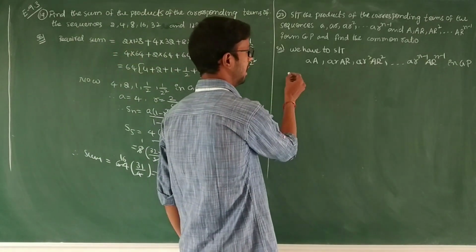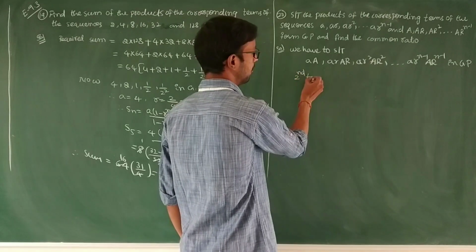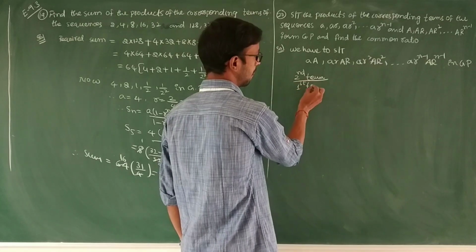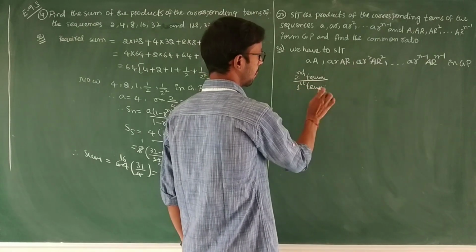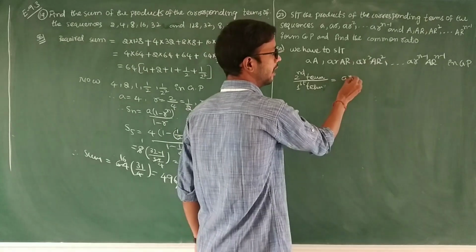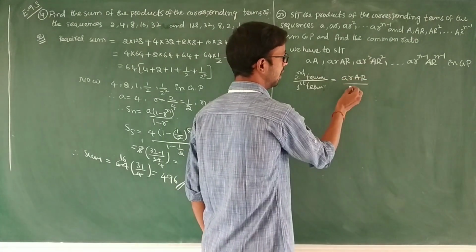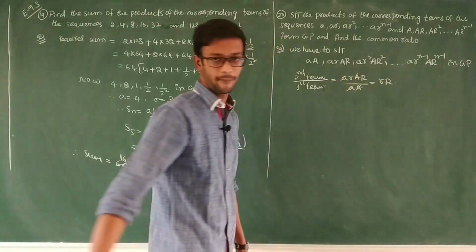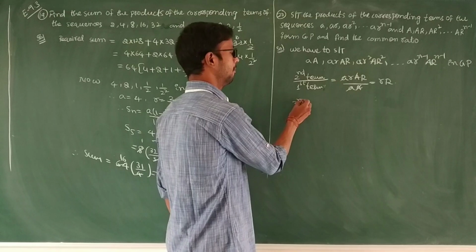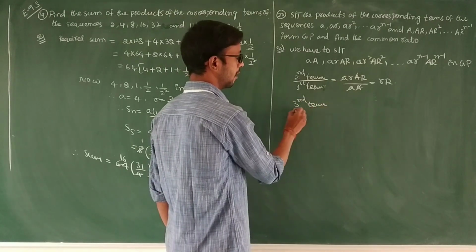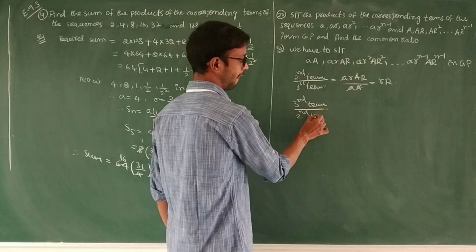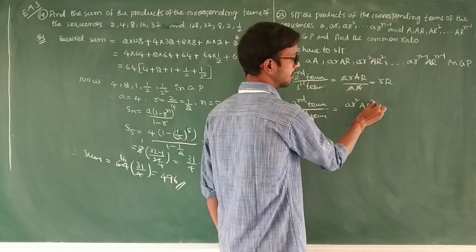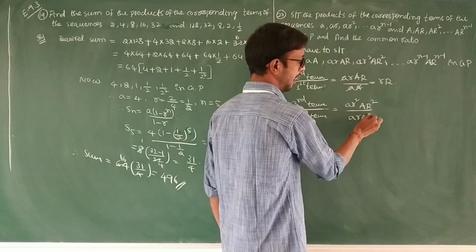So I'll find the second term divided by the first term. What is the second term? ar times capital AR divided by a times capital A. A cancels, so it is rR. Next, the third term and second term division: ar square times capital AR square divided by ar times capital AR.